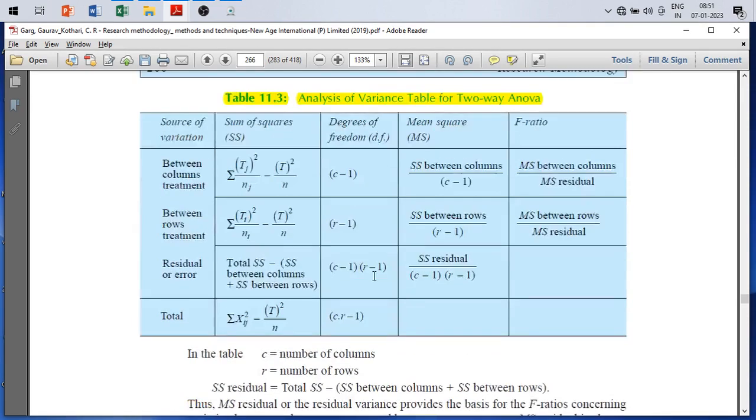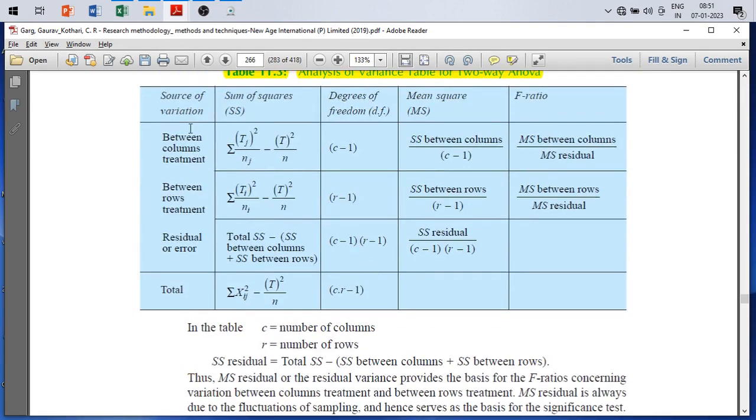So that's why the source of variation is one between columns. Okay, we are not saying now between groups, because groups can be columns and also rows. It is two-way ANOVA. So source of variation one is between columns.